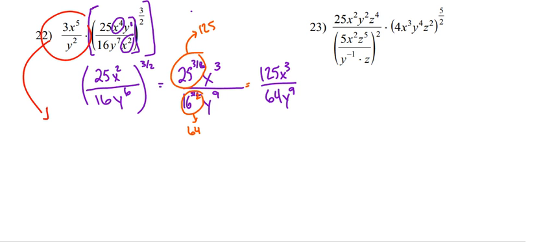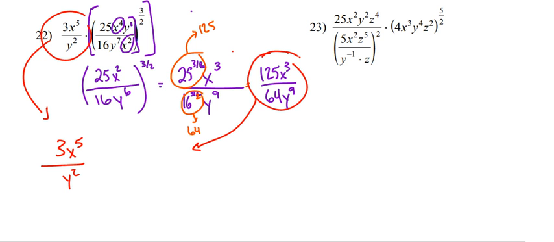Now I think we're finally ready to bring in the other fraction here, because this one is as simple as we're going to make it. So we're going to bring it over here. Times 125 x to the 3rd over 64 y to the 9th. How do we multiply fractions? We just multiply straight across the top and straight across the bottom.